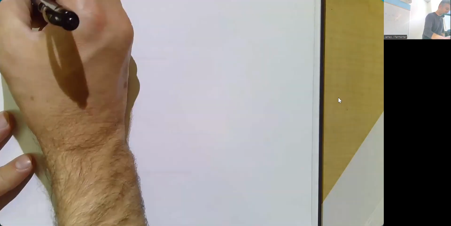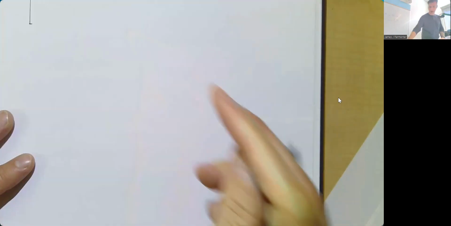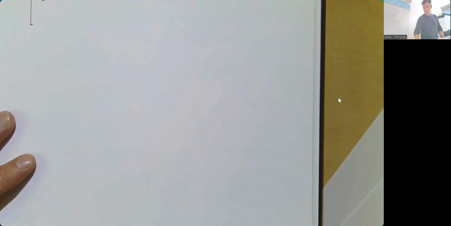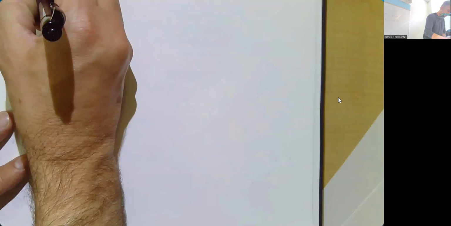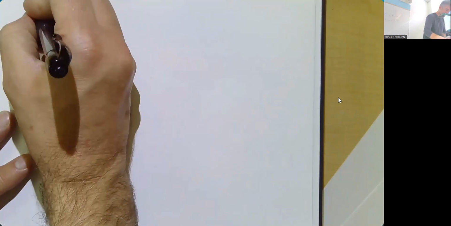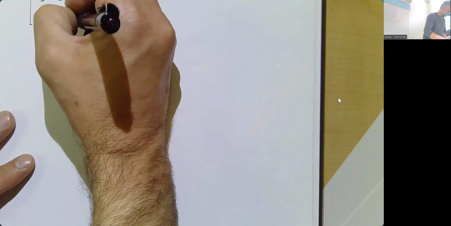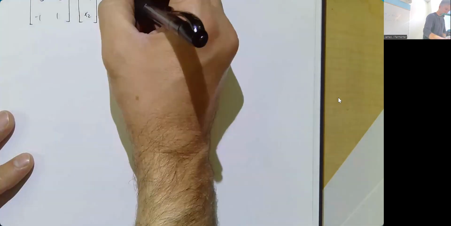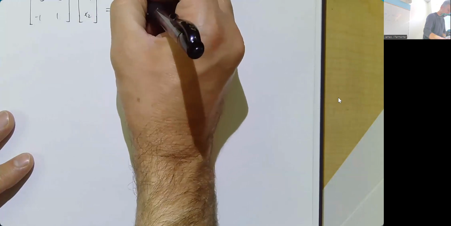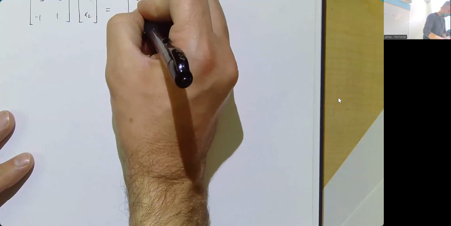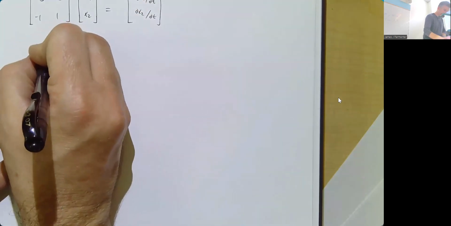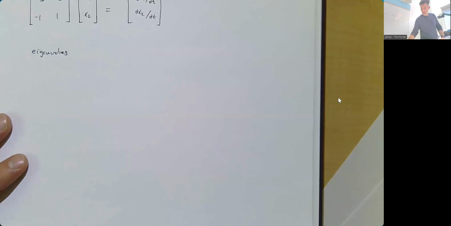Our system, which was represented by the matrix 3, 5, -1, 1, we're setting that equal to dx/dt. Our eigenvalues ended up being 2 plus or minus 2i.